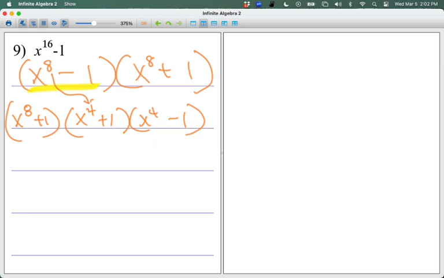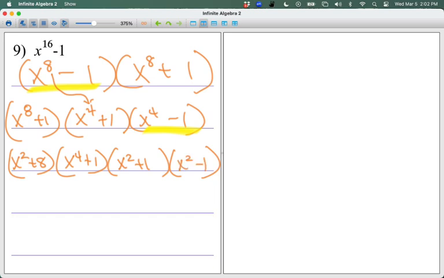Welcome back. I am going to have you check yourself now. I am going to have you split this one, but I need to rewrite these down below. I will have x to the 8th plus 1 when I rewrite that one, and I rewrite that one, x to the fourth plus 1. But this one gets split into 2. It becomes x squared plus 1 and x squared minus 1.